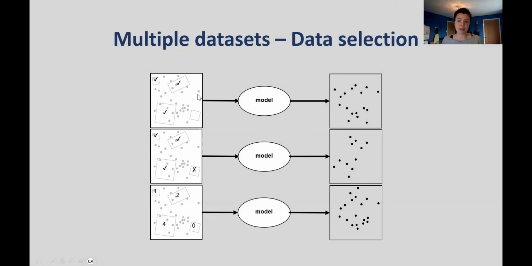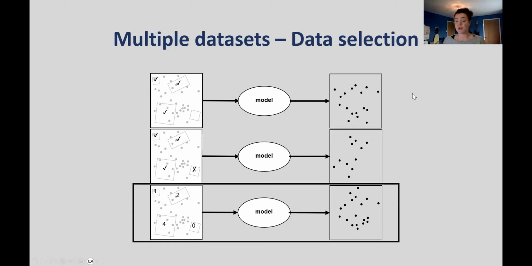So the simple one is to model each of them separately with a separate model. That leaves us with a very tricky task at the end of trying to reconcile the results from the different analyses and the different datasets. Very often the datasets can give you very different answers, and then you're trying to figure out why they're giving you different answers. The other option is to just pick one and run with it.